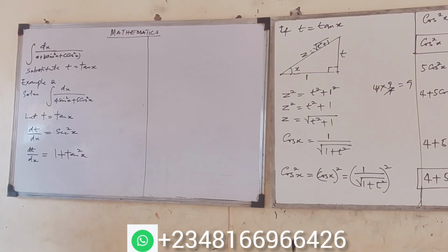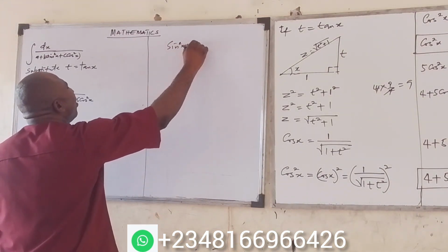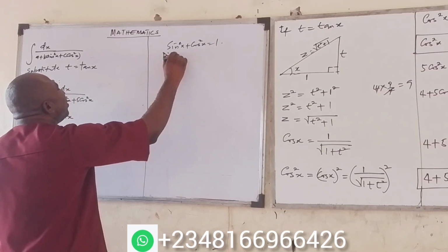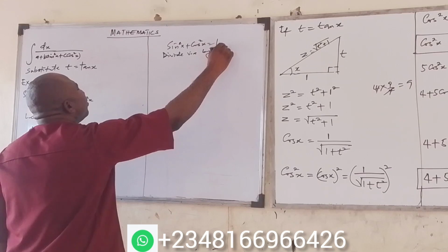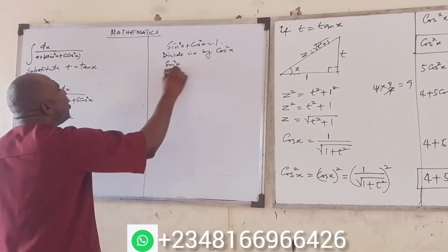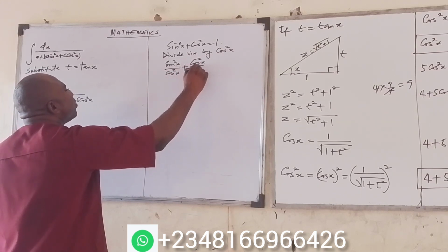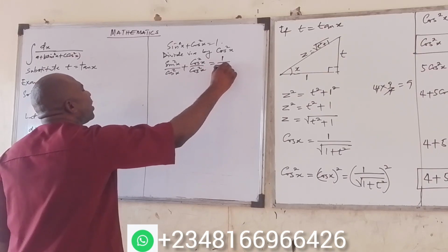Now let's look at this. We said sine squared x plus cos squared x is equal to 1. Let's divide through by cos squared x. So here we have sine squared x over cos squared x plus cos squared x over cos squared x is equal to 1 over cos squared x.